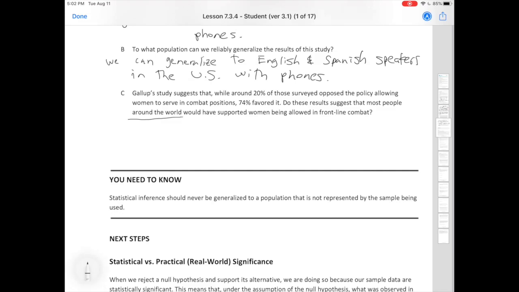We cannot say anything about how people feel around the world if we only sample people in the US, right? So let me say no, since the study was conducted only with Americans.